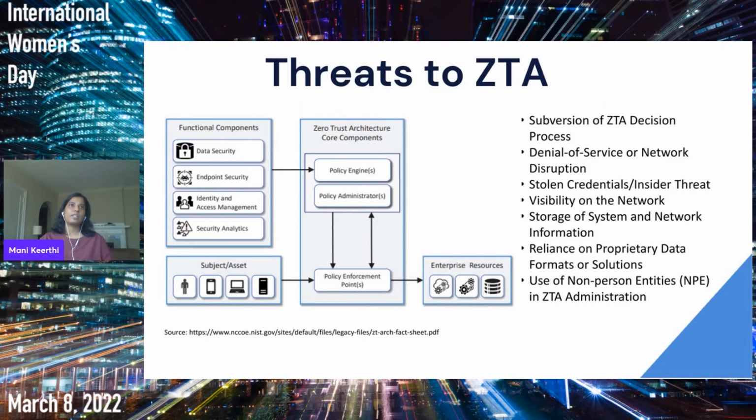Stolen credentials or insider threat. The zero trust principle of no implicit trust based on network location means attackers need to compromise an existing account or device to gain a foothold in the organization. Attackers may use phishing, social engineering, or a combination of attacks on valuable accounts.